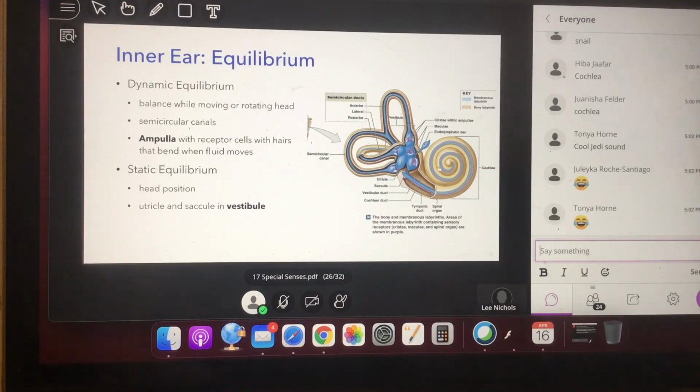The cochlea is specifically for hearing sound, okay? This whole thing that's painted in purple here, called the spiral organ, is laid out very much like a piano. So it's very much like the keys of a piano, with all of the really high frequencies on one side and all the real low frequencies at the other end. And that's how it is.